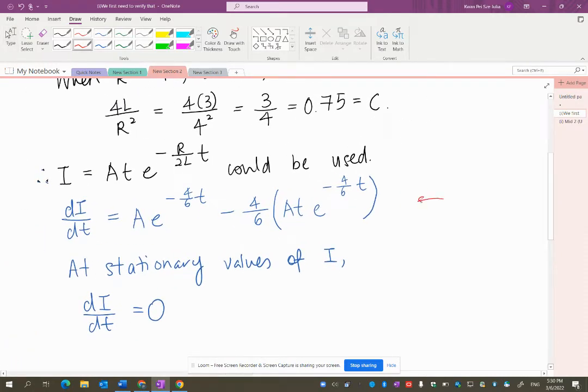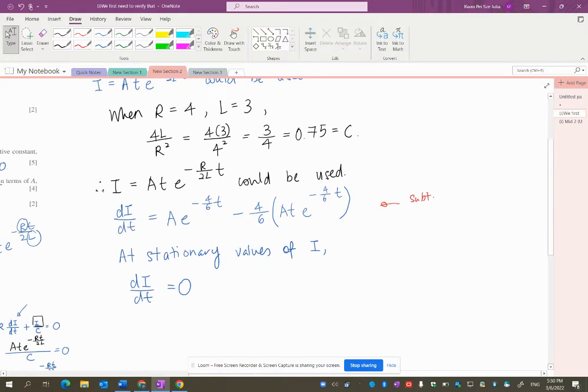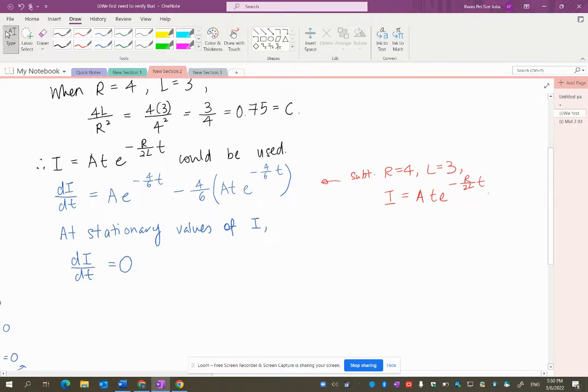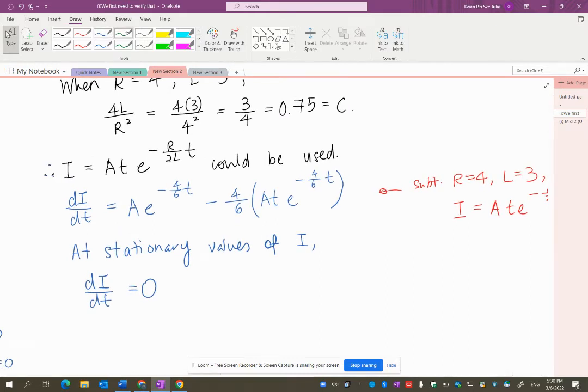So let me write down. To get this step, I substitute R is 4, L is 3, as well as I. So for the stationary value of I, because a maximum point is actually a stationary point, when we set dI/dt equal to 0, we're actually finding the stationary value first before we verify that that is the maximum point.